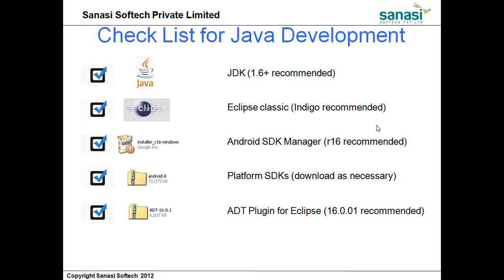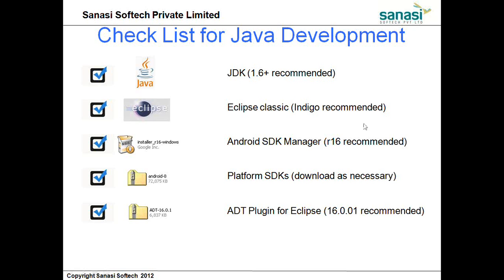And finally, you'll have to get hold of what is called the ADT plugin for Eclipse. Once you install this plugin, Eclipse is customized to help you in Android application development. So that's the checklist if you want to build applications using Java.